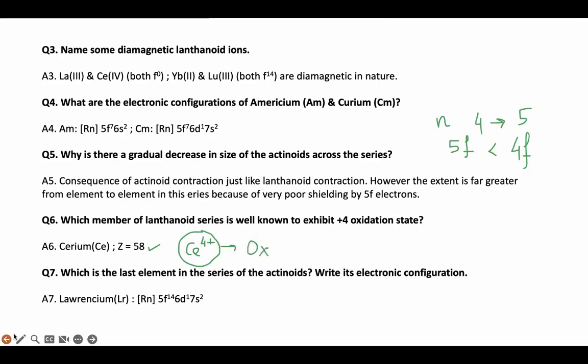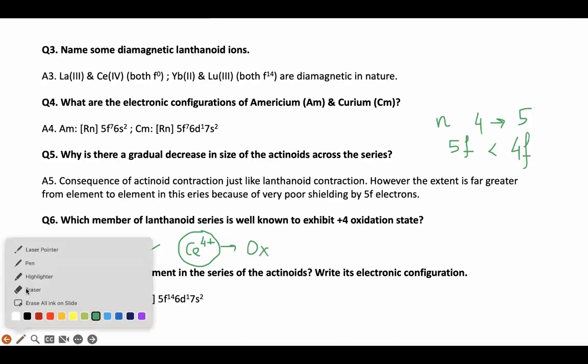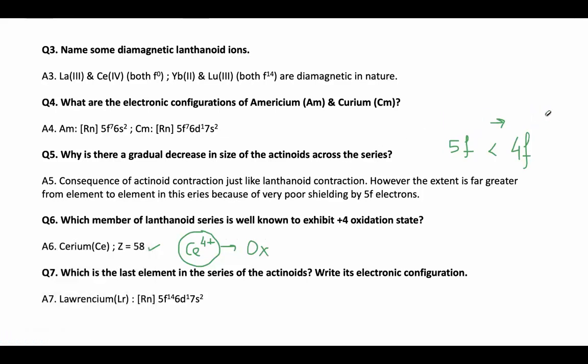How cerium +4 acts as an oxidizing agent is quite interesting. The relevant compound is ceric ammonium nitrate, popularly abbreviated as CAN.